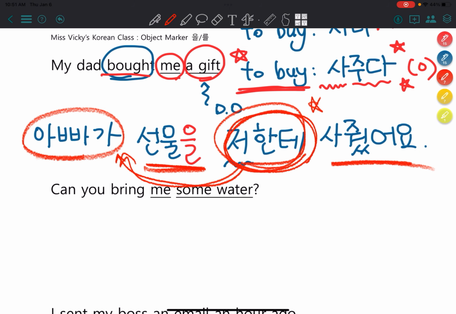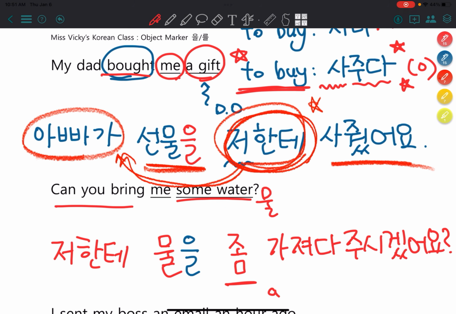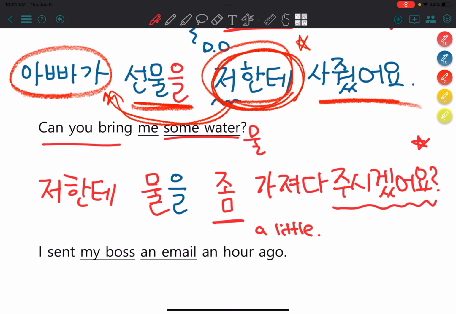You can say 저한테 물 means water, 물, and then you can mark it with object marking particle. 저한테 물을 좀 가져다 주시겠어요? So this 좀 means a little, but it's also used in request like this to make it a little more softer. 저한테 물을 좀 가져다 주시겠어요?